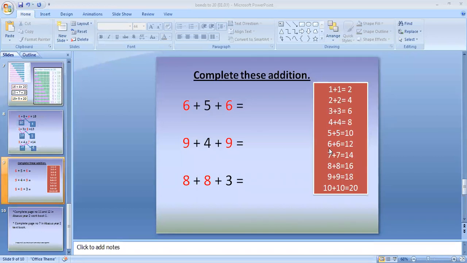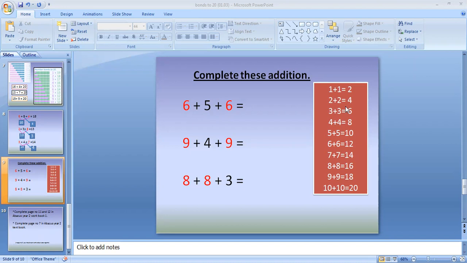Here I have written something. That means I have written the same number 2 times and I have written the answer. I have added the same number 2 times and written the answer. For this we call doubling. That means double.